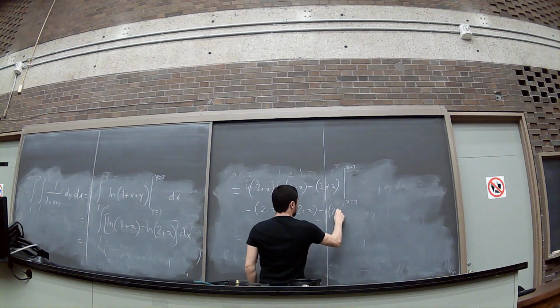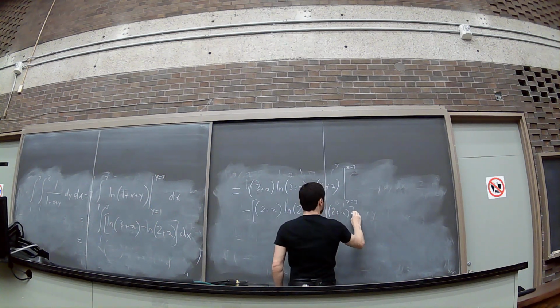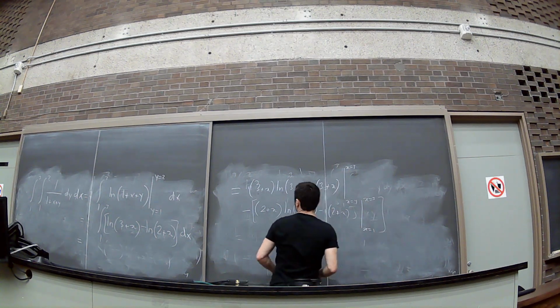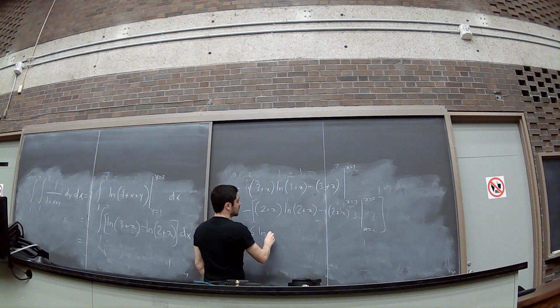I guess I should not take examples I didn't try before, but that's okay. Great, so 6 ln 6, is there a problem?